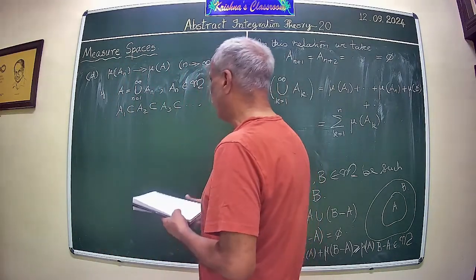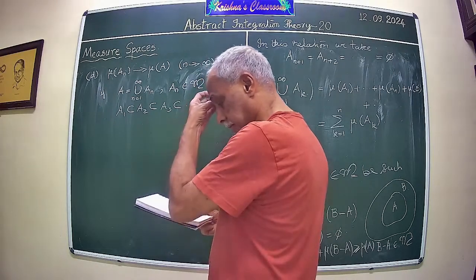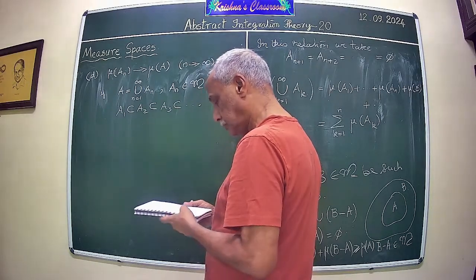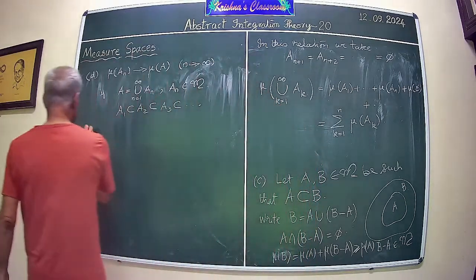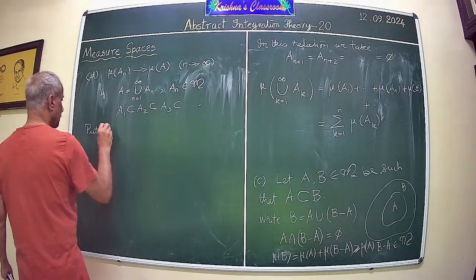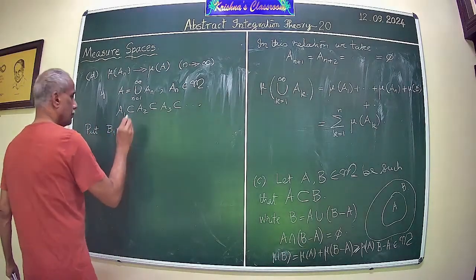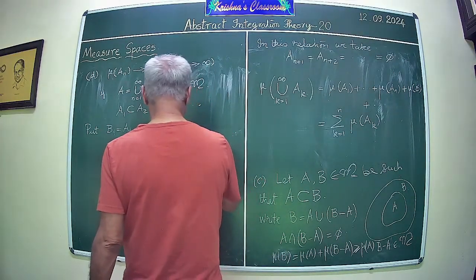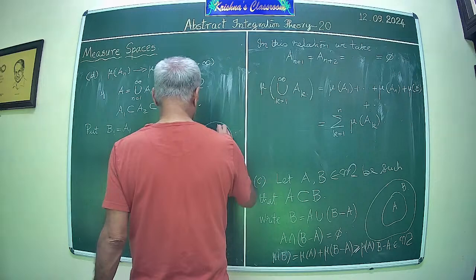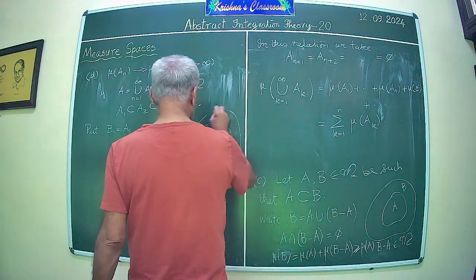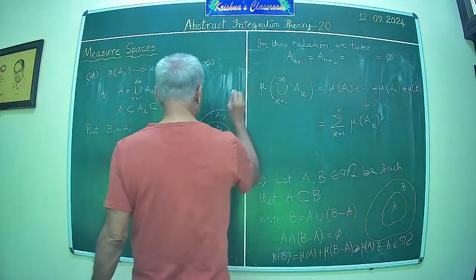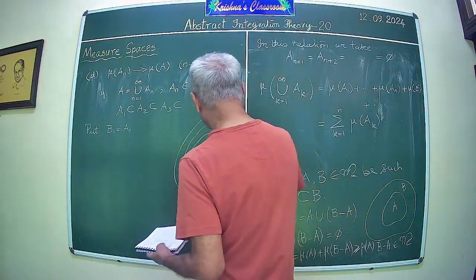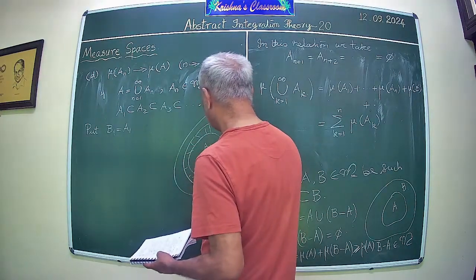Okay, so what do we write? See, this is your A1 and this is A2, this is A3 and so on. So you call this B1, and then A2 minus A1 you call B2.